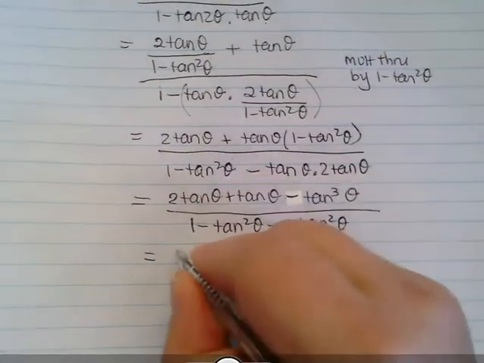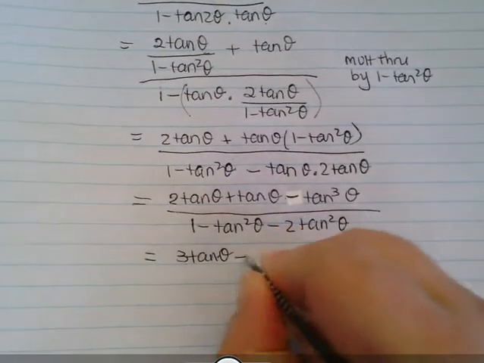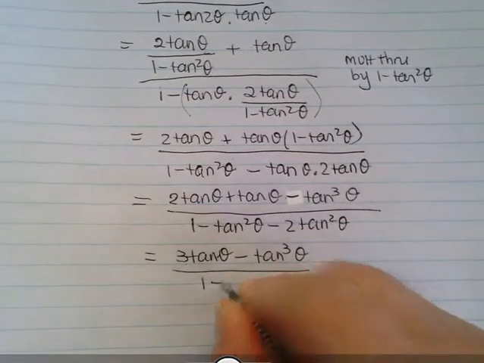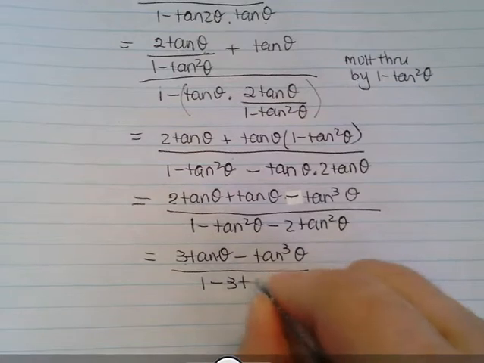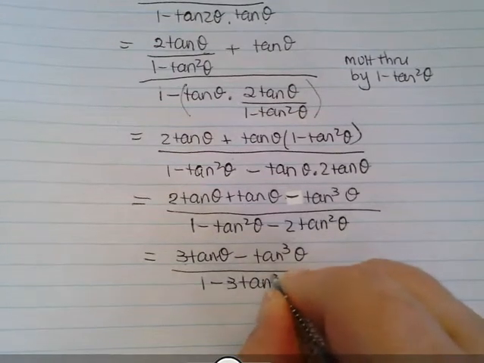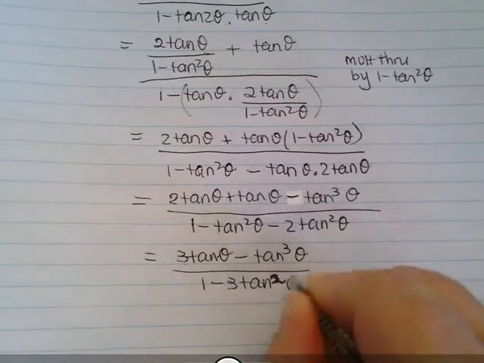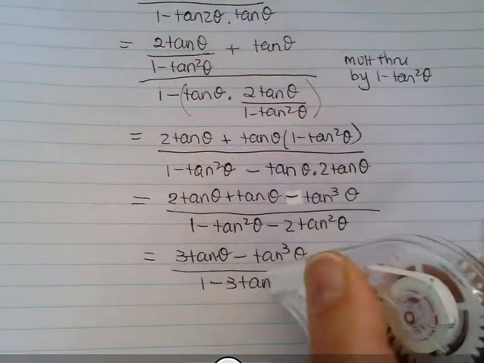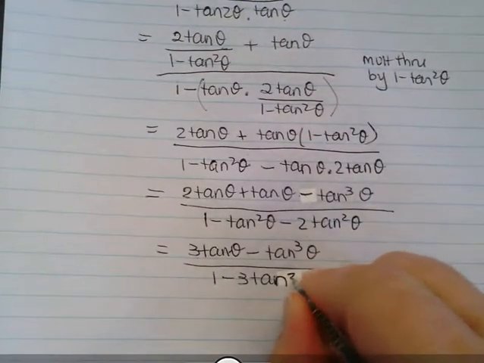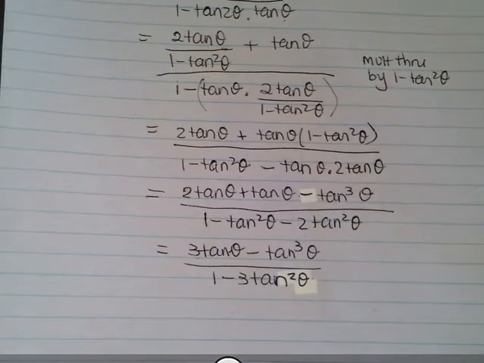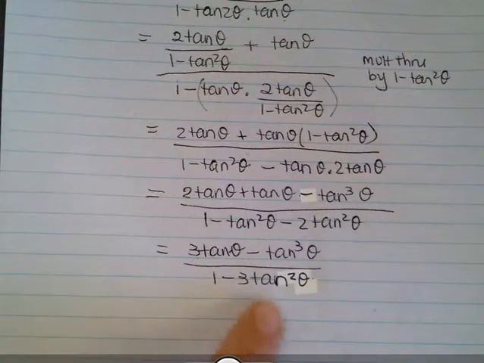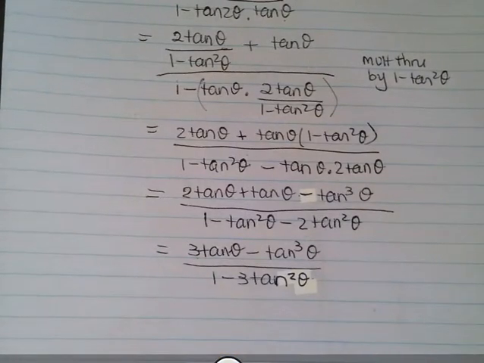So it's 3 tan theta minus tan cubed theta over 1 minus 3 tan squared theta. So this one has a combination of tan theta, tan cubed theta, and tan squared theta. So they're all in terms of tan theta. Because that tan cubed theta is tan theta times tan theta times tan theta, and tan squared theta is tan theta times tan theta.